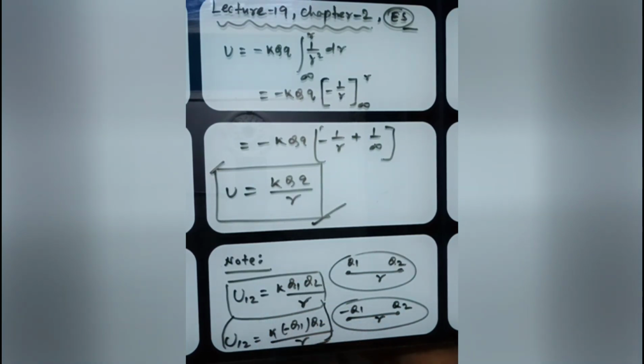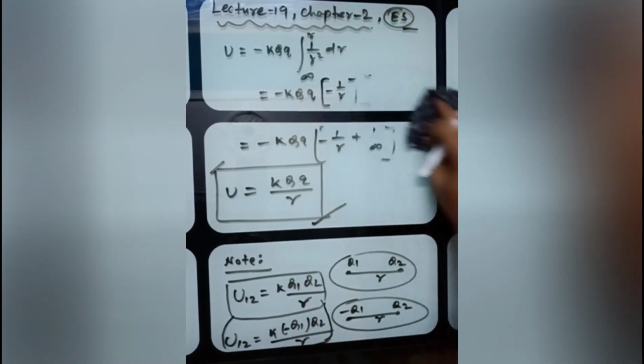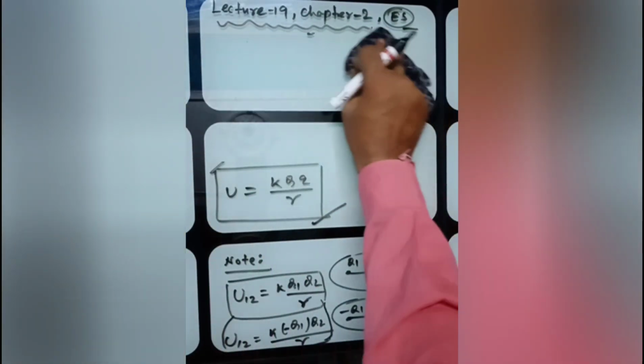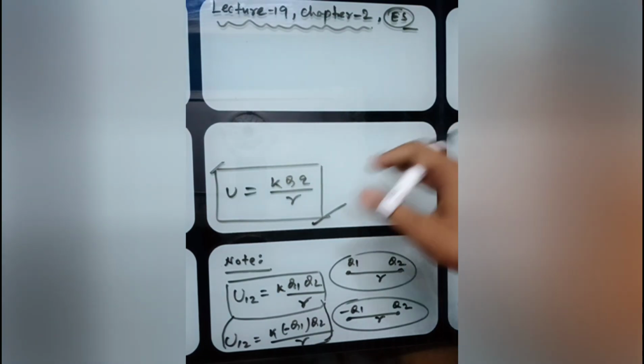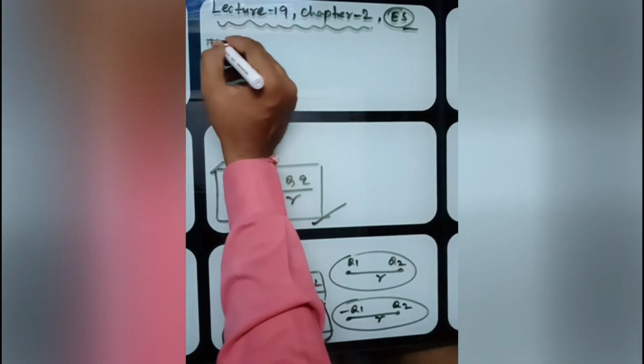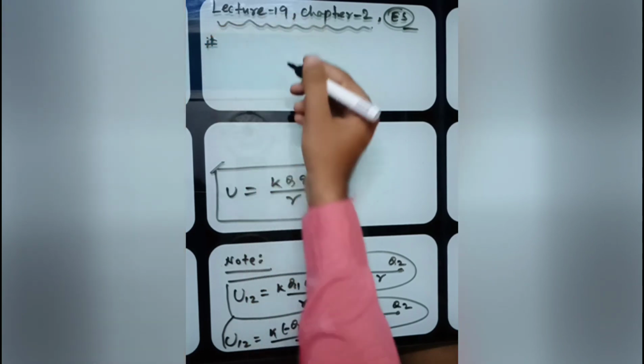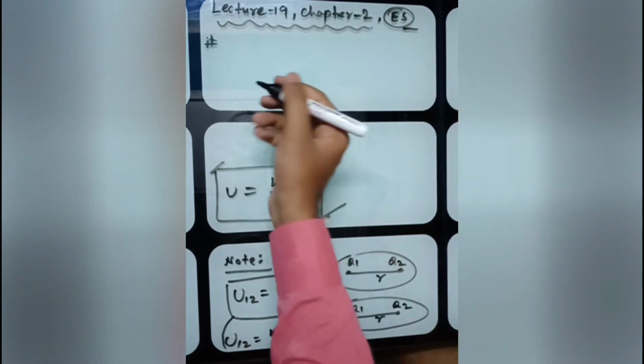Now students, we will correlate this potential energy with potential also, as we have studied. So we will have the derivation of the mathematical expression of potential. This is also very important, and we should study it back to back after potential energy.